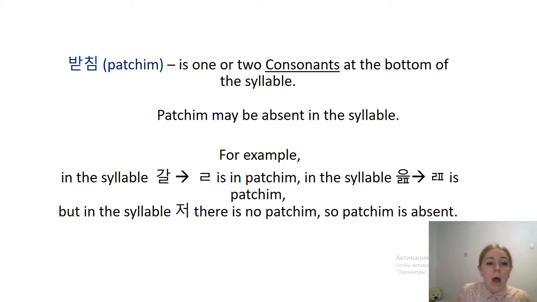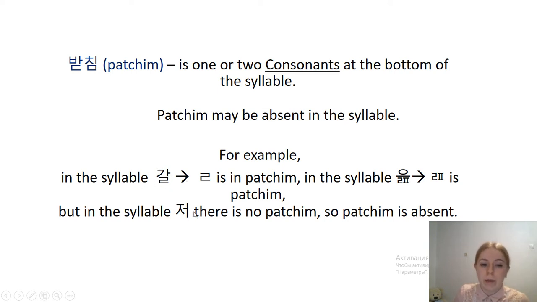For example, in the syllable kal, we have l in pachim. In the syllable ulp, we have lup in pachim. And not only in the word but also in one syllable, cho, there's no pachim, so it's zero pachim, because it's here, it's the second floor and the first floor.